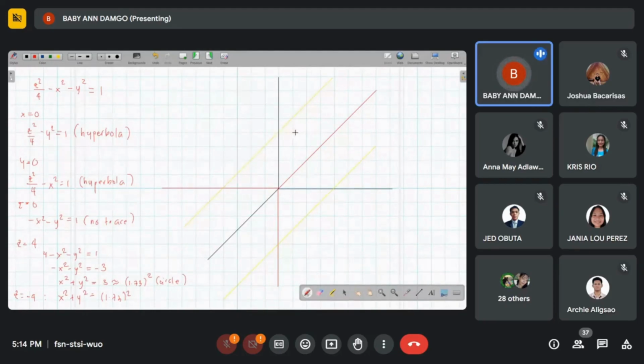So there is 1, almost here. Okay, now here. And then this one for x. Mao ni ang x. And then we can create the circle.